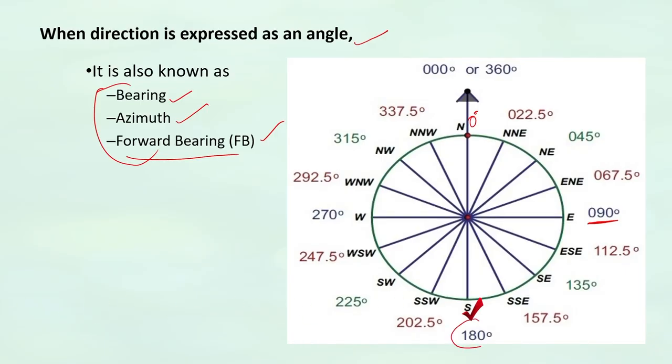South is 180 degrees, west 270 degrees. Similarly, northeast 45 degrees, southeast 135 degrees, southwest 225 degrees, northwest 315 degrees, right. Likewise, we can mention the angle instead of direction.